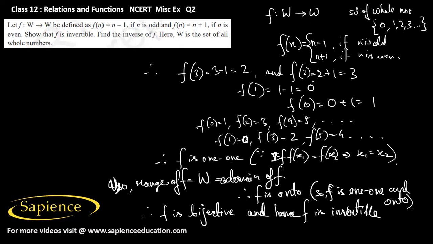Okay, so now f is invertible. So now we have to find the inverse of f. From here you can say that if we take f of n equal to m, suppose, then m equals n minus 1 when n is odd, and it is equal to n plus 1 if n is even.